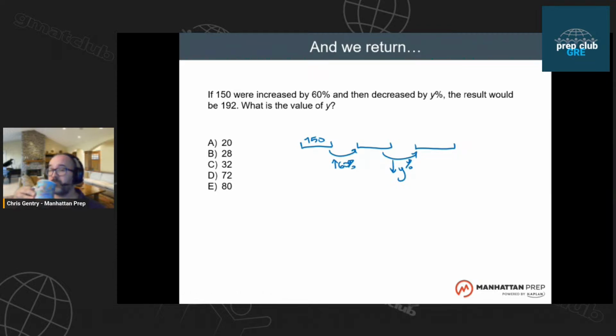And I believe 20 is the answer, yes. And I know that my final result is going to be 192. Well, where did the 1.6 come from? You say 150 times 1.6. Where did that come from?